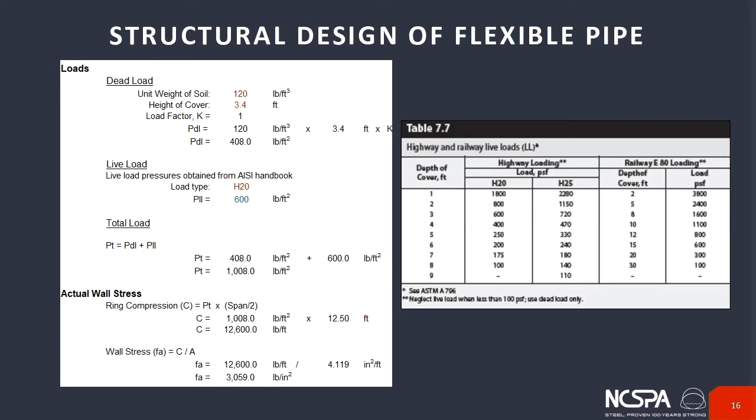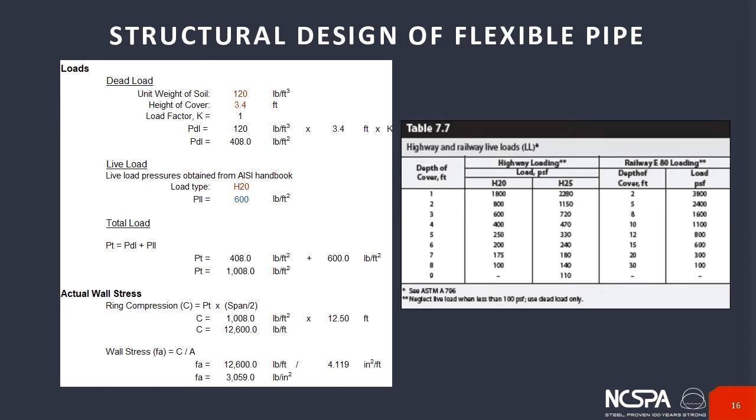So you can see here that the dead load numerically is just the 120 pounds per cubic foot soil density times the depth of fill over the top of 3.4, times that K factor of 1. So it's 408 pounds per square foot of dead load being imparted on the crown of the structure.